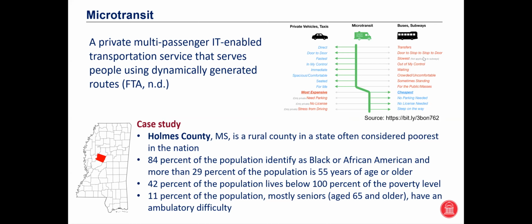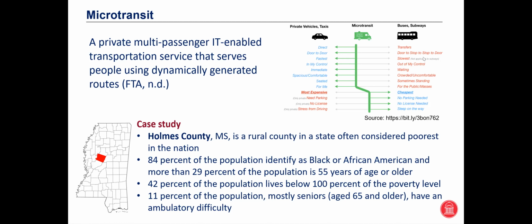Our case study is Holmes County in Mississippi, a rural county in a state often considered the poorest state in the nation. 11% of the people there have ambulatory difficulty, and 42% of the population lives below 100% of the poverty level, and they are facing many barriers to social determinants of health.